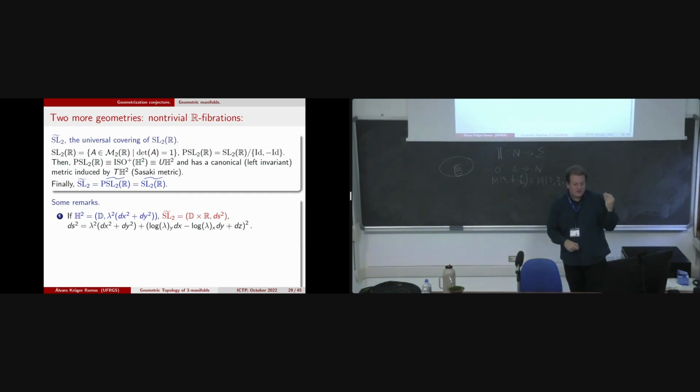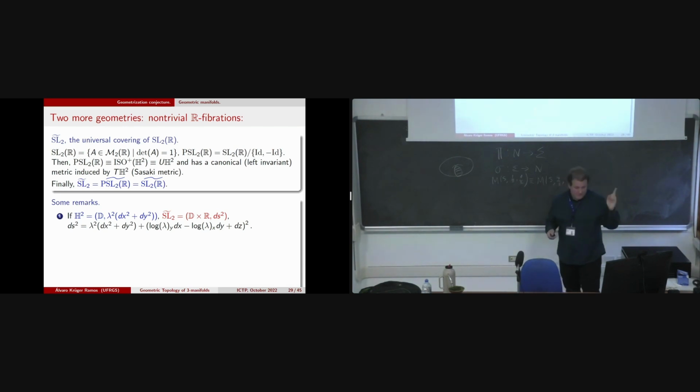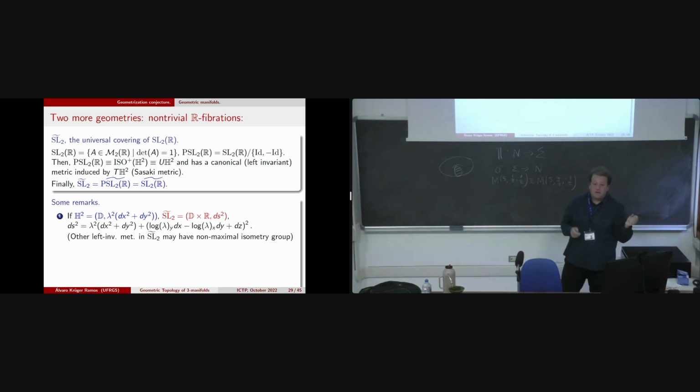H2 here is going to be the disk model for H2, which is conformal to the Euclidean metric with some conformal factor lambda. If I'm recalling correctly, it's 4 divided by 1 minus x squared minus y squared. And SL uses this conformal factor here, and also here. Okay, so this is SL2R tilde.